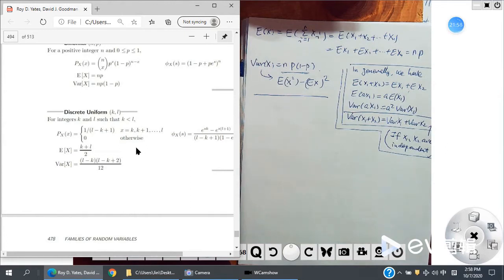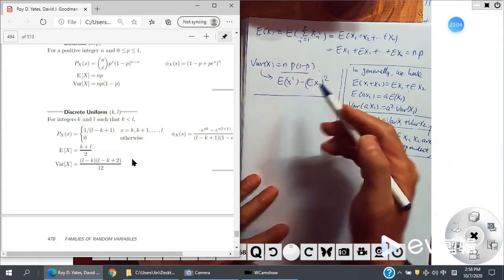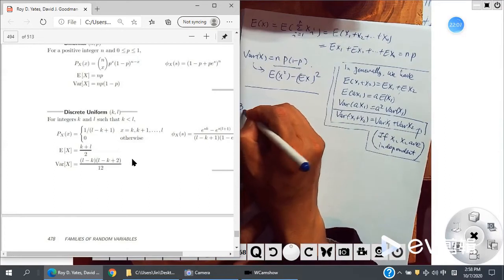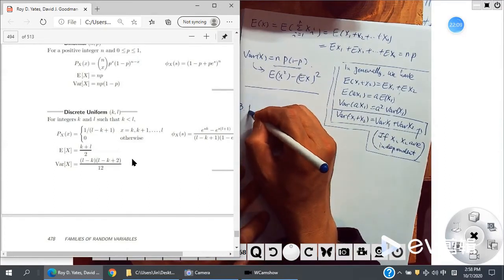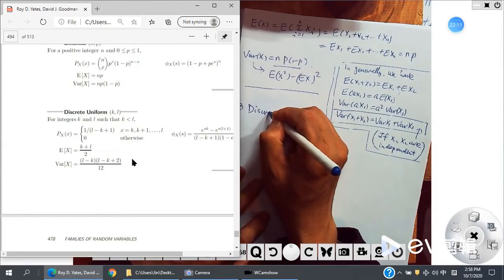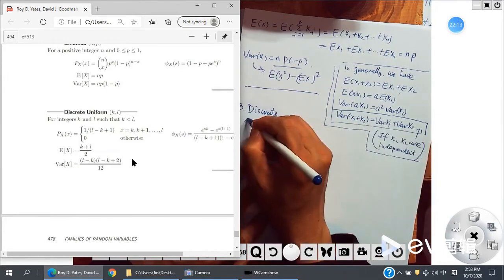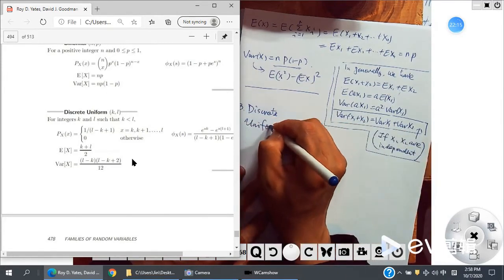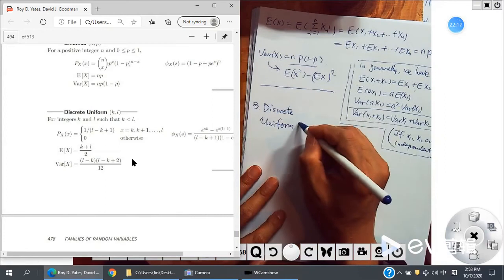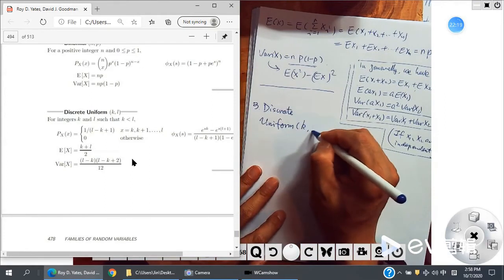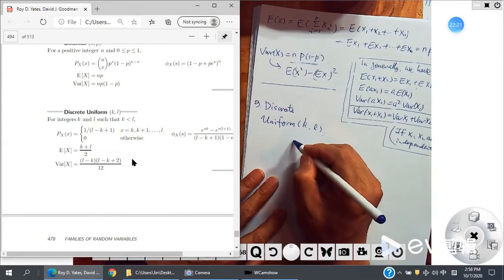Discrete maybe you can have different kinds and non-integers, but here just integers. Let me write it. The third one is a discrete uniform with parameters K and L.